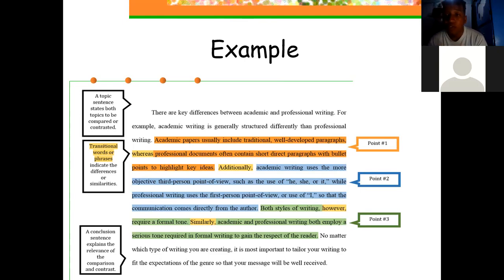In the second one, you can also use the similarities or the contrast. This is compare and contrast essay. If you want to compare only, okay, that's no problem. But if you want to find the similarities that two topics have, perfect also.